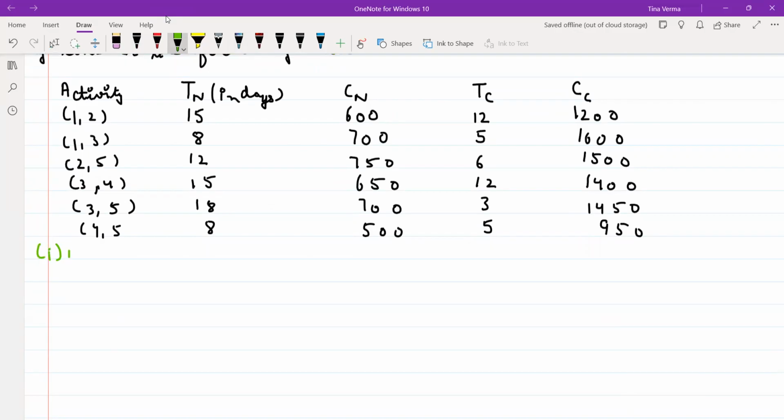The first part is find the cost for completing the project in normal duration.